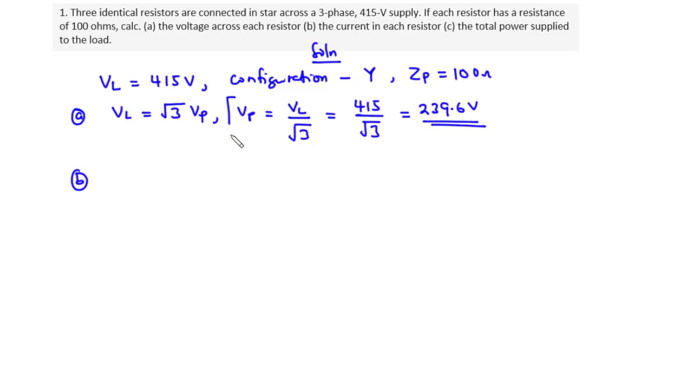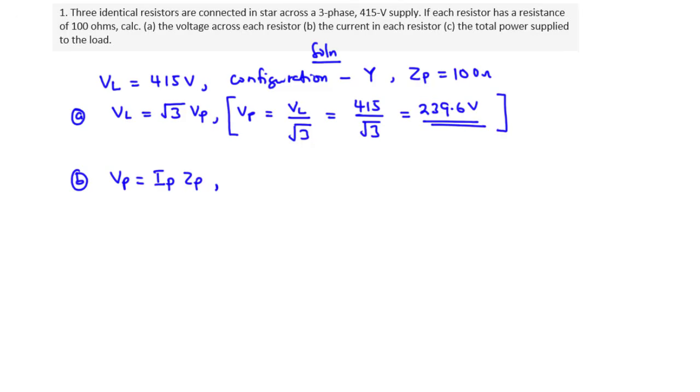B. We are going to find the current in each resistor. So the current in each resistor represents the current in each phase. So from Ohm's law, we know that the voltage per phase is equal to the current per phase times the impedance per phase. Now we have the impedance per phase to be 100 ohms, and the voltage per phase to be 239.6 volts.